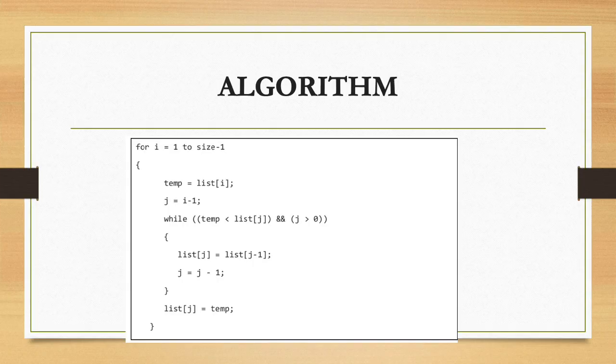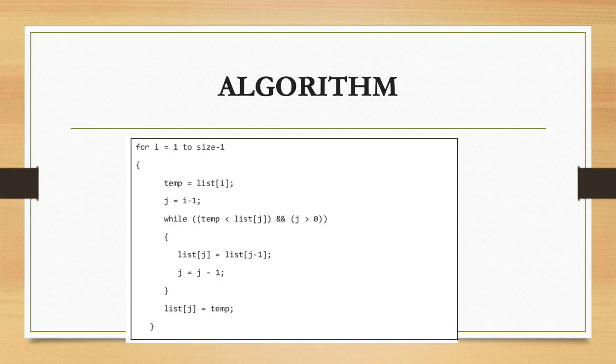When we find an element smaller than value in the sorted subset, this condition will be false and we will exit the while loop, or when hole will be equal to 0. So there will be no more elements to shift, and finally we will come out of the while loop. Before coming out of the while loop, we will put the value into the hole.